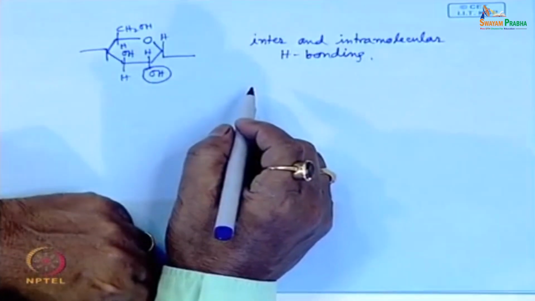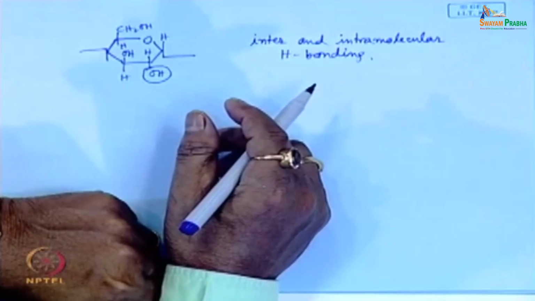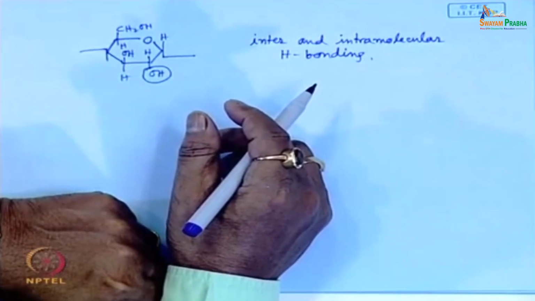I told you cellulose is a thermoplastic polymer, but it behaves like a thermoset polymer, because we do not find any solvent for cellulose. We cannot melt cellulose. If you heat cellulose, it will not melt, rather it decomposes. Why so? Because we know a thermoplastic polymer, if we put it in a solvent, goes into solution. If we heat it, it softens and melts.